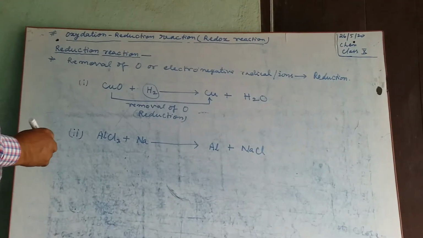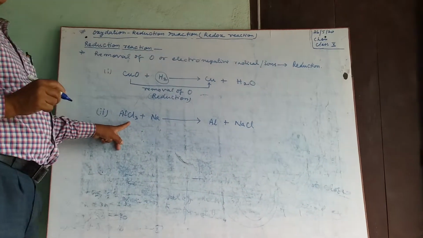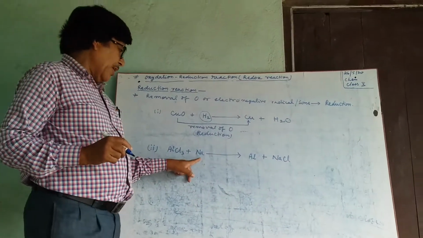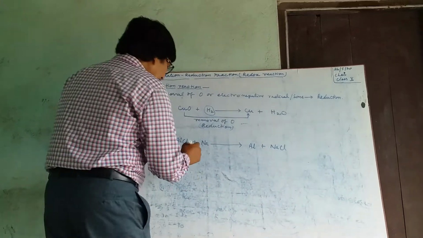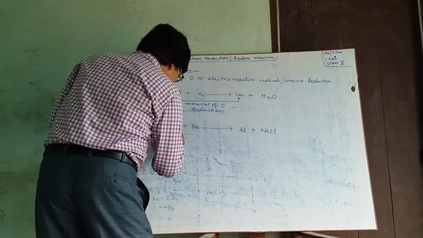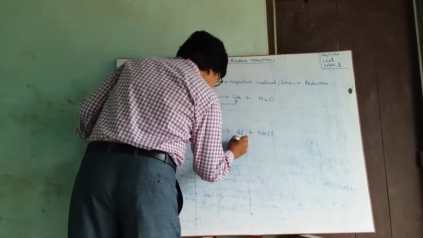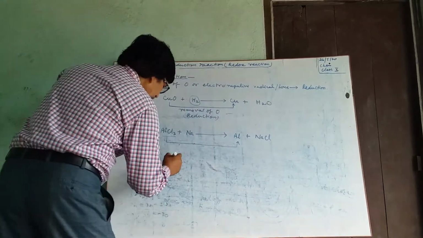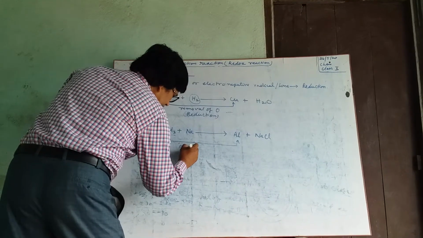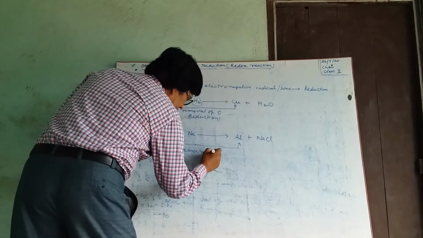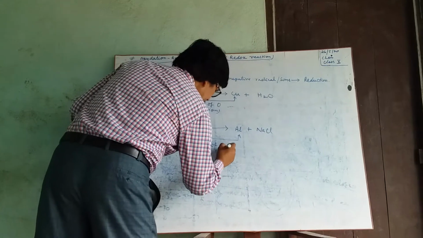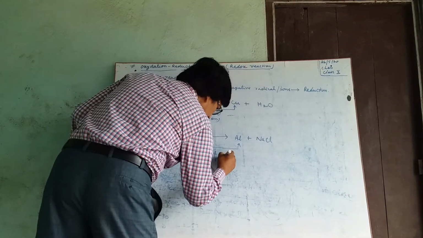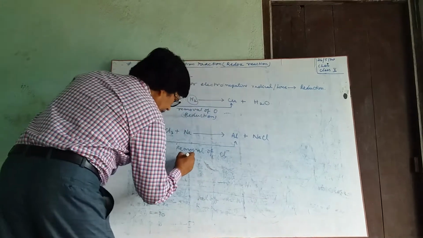Second example, second equation, AlCl3, aluminum chloride, plus sodium. When sodium and aluminum chloride react, the metal aluminum is separated. Removal of Cl, electronegative, is reduction.